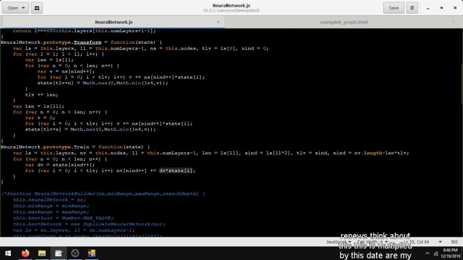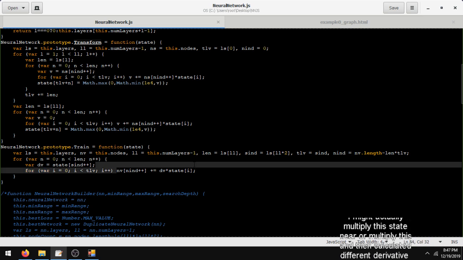I might actually multiply the state here, or multiply this and then calculate a different derivative for each weight.